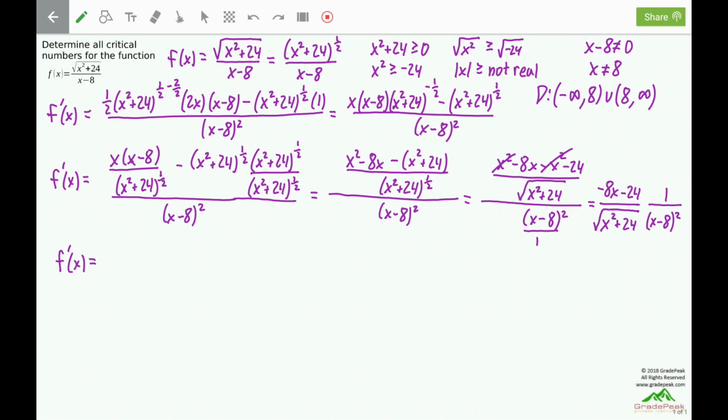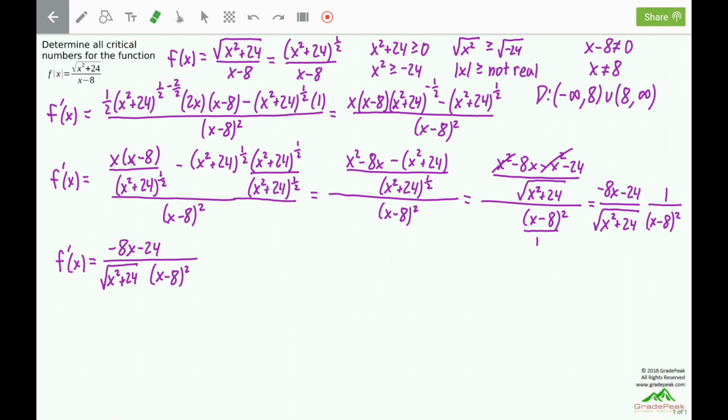So the derivative is equal to multiplying the numerators. Anything times 1 is itself, so it'll be the negative 8x minus 24. And then multiplying the denominators, there's the square root of x squared plus 24, and then the (x minus 8) squared.